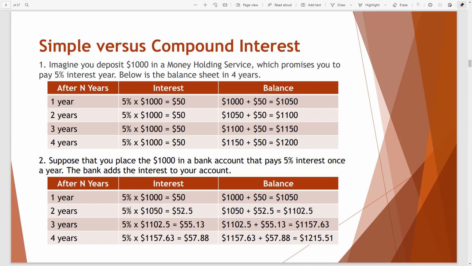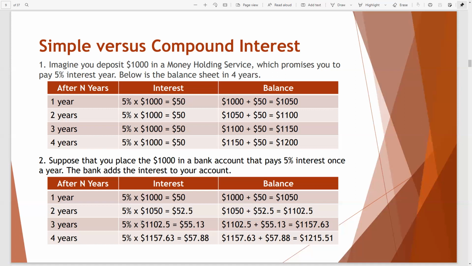Then 5% interest is applied to it. So at the end of year 2, you will have $52.50 of interest amount. And that interest is added to your balance, 1,050 plus 52.50, to get $1,102.50. So that is the new balance at the end of year 2.